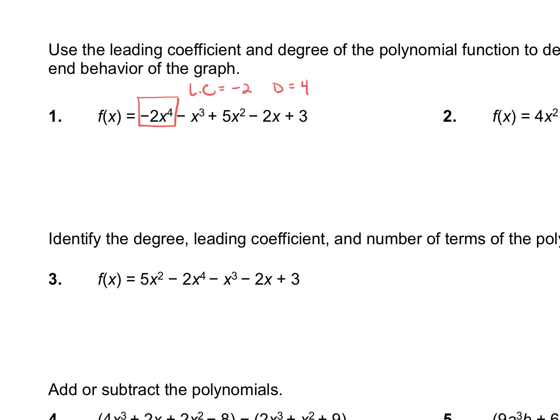All right, so the notation that we have to use to describe end behavior. I always start out describing the right side first, because when we describe the left side, it will either be the same as the right or the opposite of the right. So I think it makes the most sense to talk about the end behavior on the right side of your function. So the way that we do that is we say if x approaches infinity.